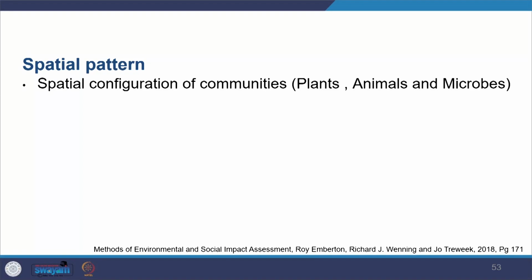And then in this you will also notice that there are spatial patterns, and you can see the configuration of communities, like where you would find what kind of plants, what kind of animals, what kind of microbes, and these spatial patterns usually change gradually. So when you move across places, you will keep on seeing those variations.